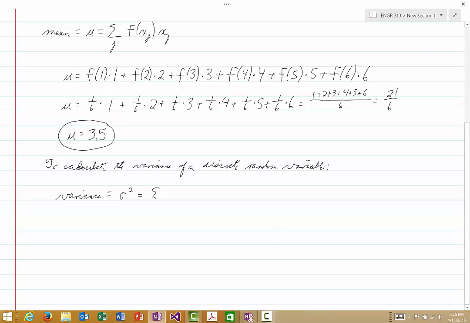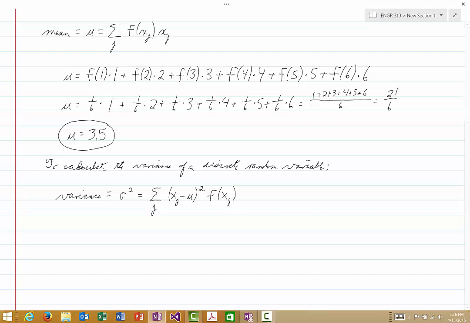Again, we want to sum over all of the values that the random variable can assume, and what we're going to sum is xj minus mu squared times the probability of xj.